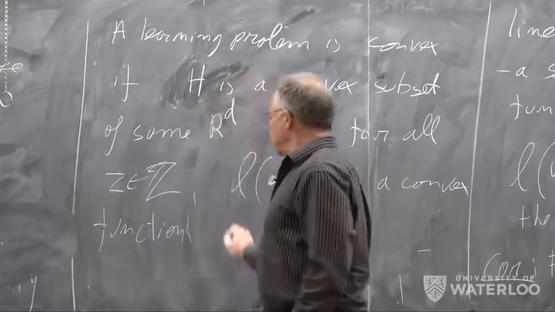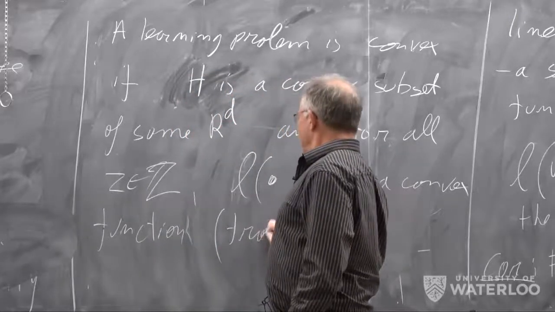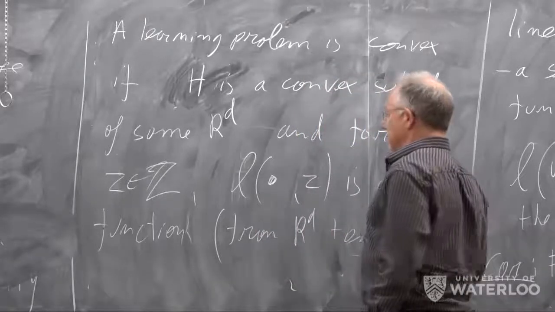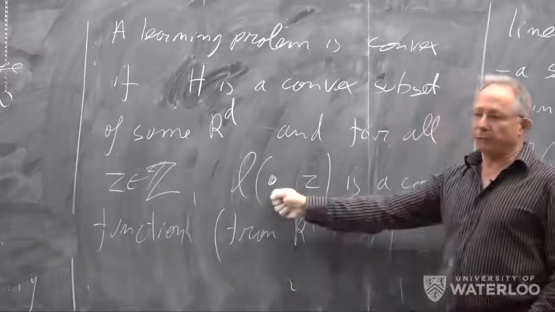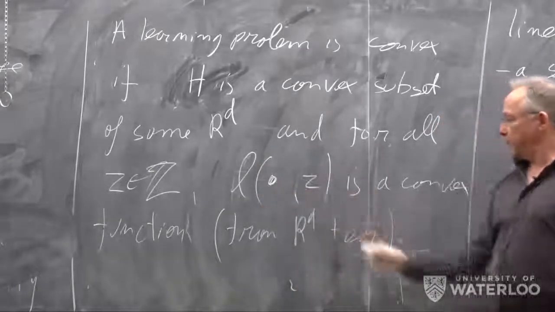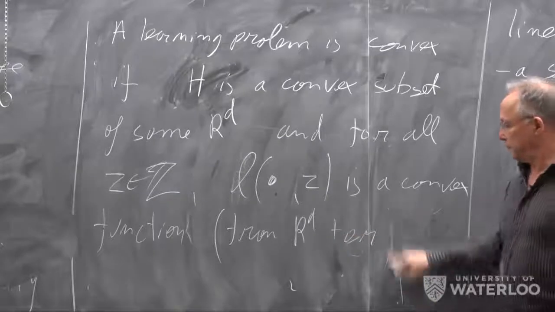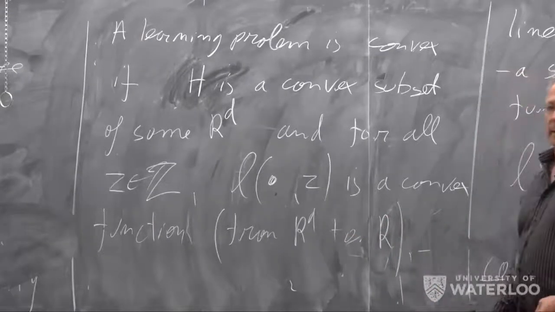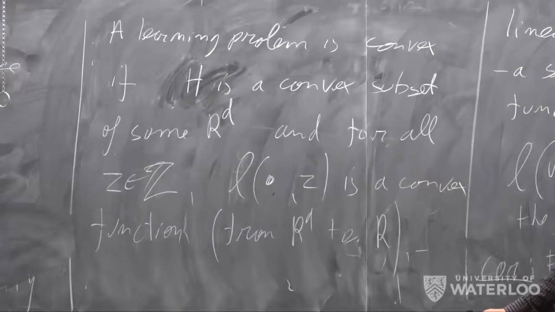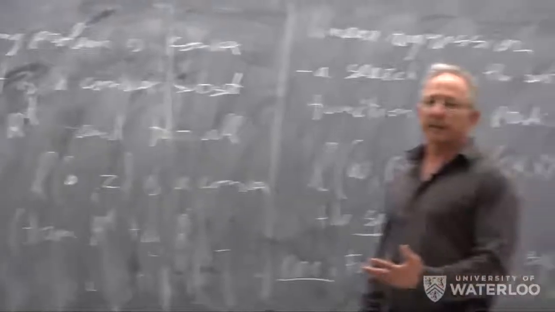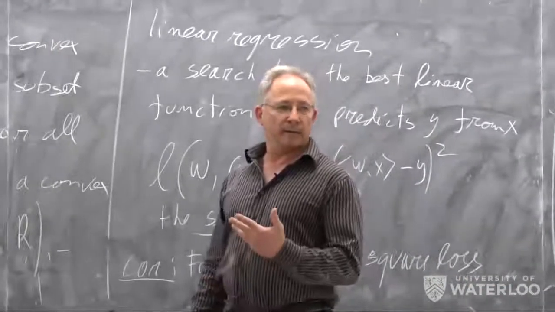So this function goes from R^d to R, because it takes here an element of H, which is a vector in R^d, and outputs a loss, which is an element of R. So these are convex learning tasks in which my space of hypotheses is a convex set and the loss is convex.